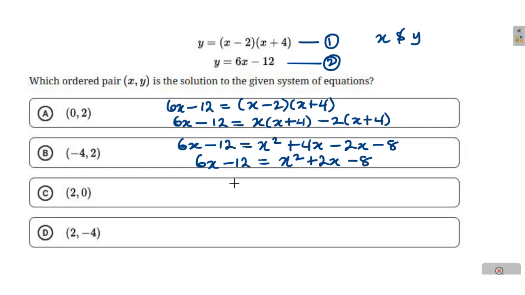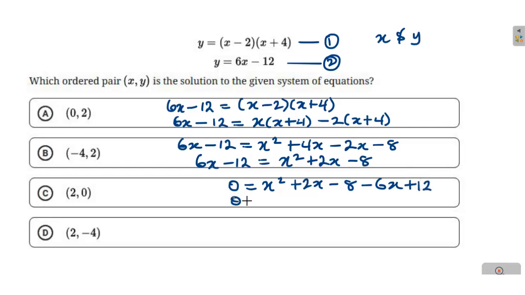It's like saying 0 will be x squared plus 2x minus 8. So 6x is coming here, that will be minus 6x, because when it crosses the equality sign it becomes minus. Then this is minus 12, when it crosses the equality sign it becomes plus, so plus 12.